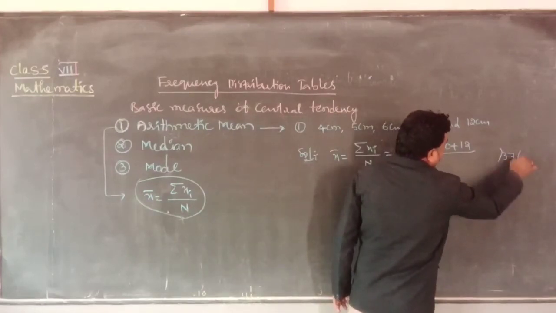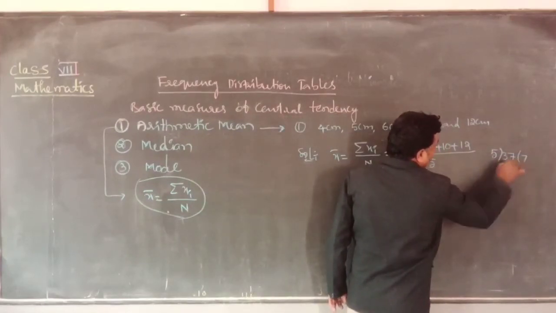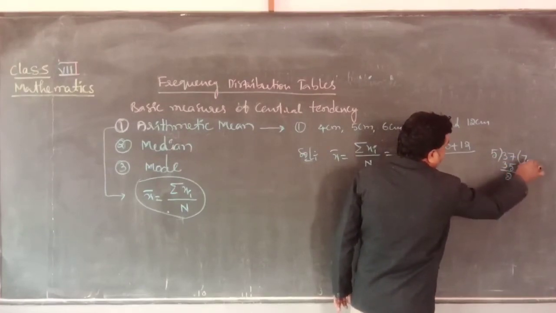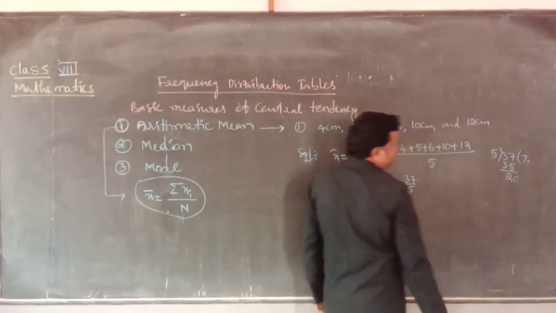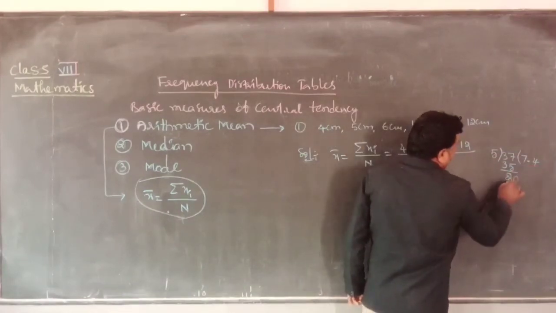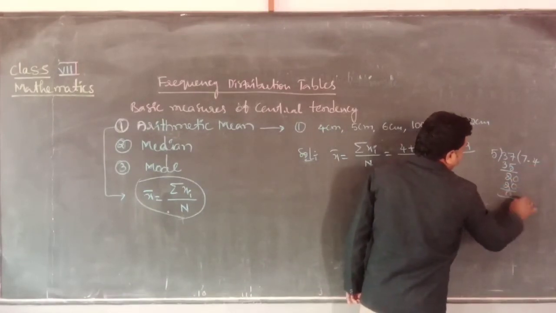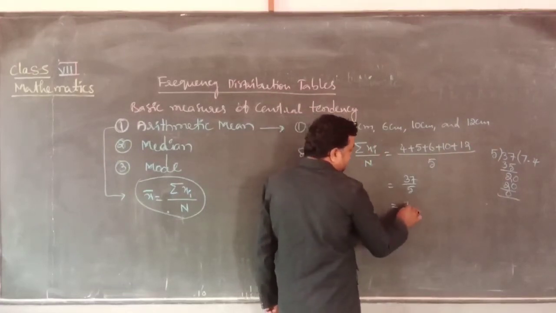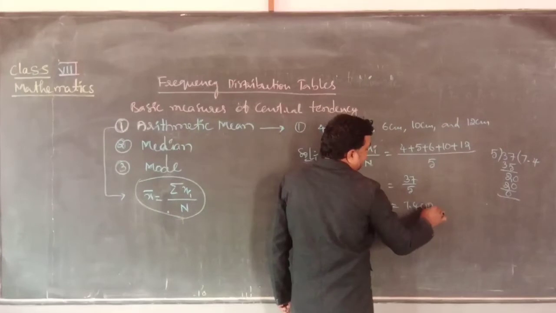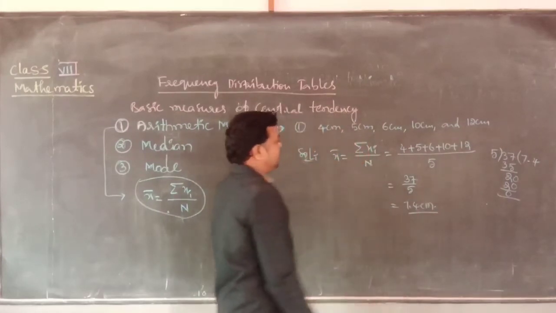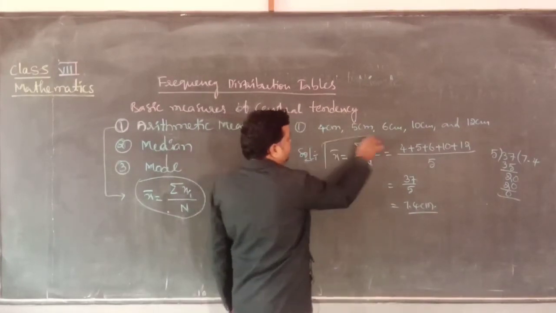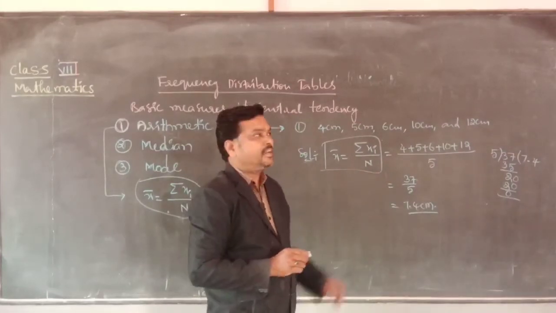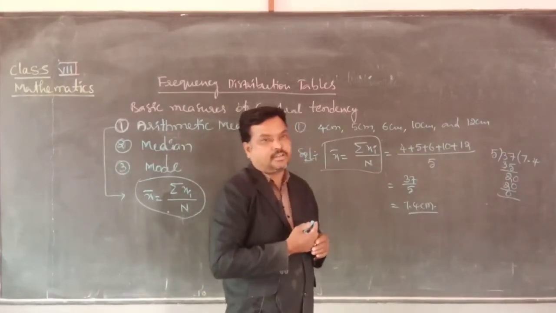Divide 37 by 5: 5 7s are 35, 2 is the remainder. Putting the decimal point we can put a 0, 5 4s are 20. So the average rainfall of that month is 7.4 centimeters.